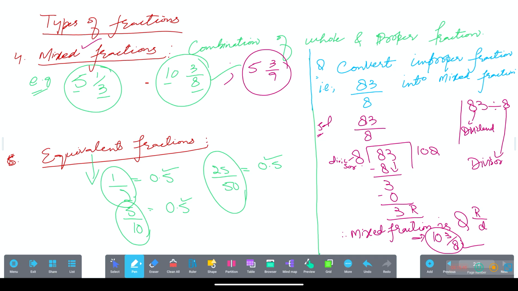But when we try to find their values, they will come out to be the same. Their values will always be the same. Such fractions look different by their numerators and denominators, but give the same value after calculating. After simplifying, they will give the same value. Those fractions are called equivalent fractions.